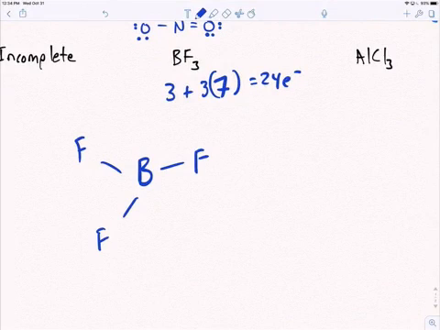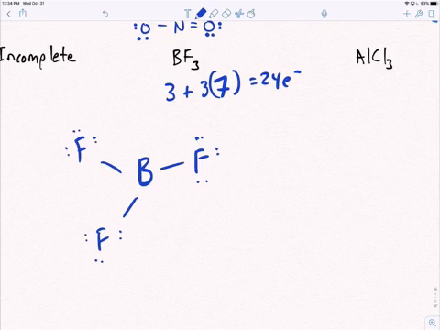So we've placed the lines, and boron is the biggest and the least electronegative atom, so it's in the center. And so we place 6 electrons on each fluorine: 6, 8, 10, 12, 14, 16, 18, 20, 22, 24. Now we've placed them all, and you might think, all right, now I can add a double bond to boron.